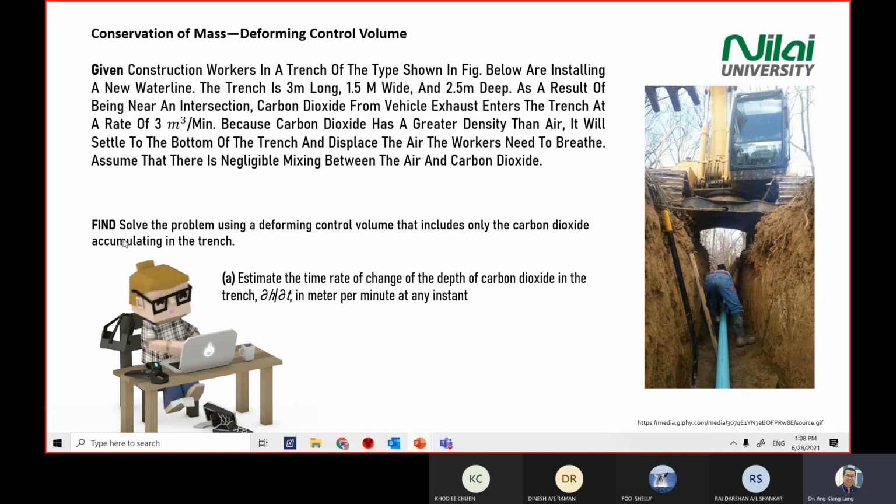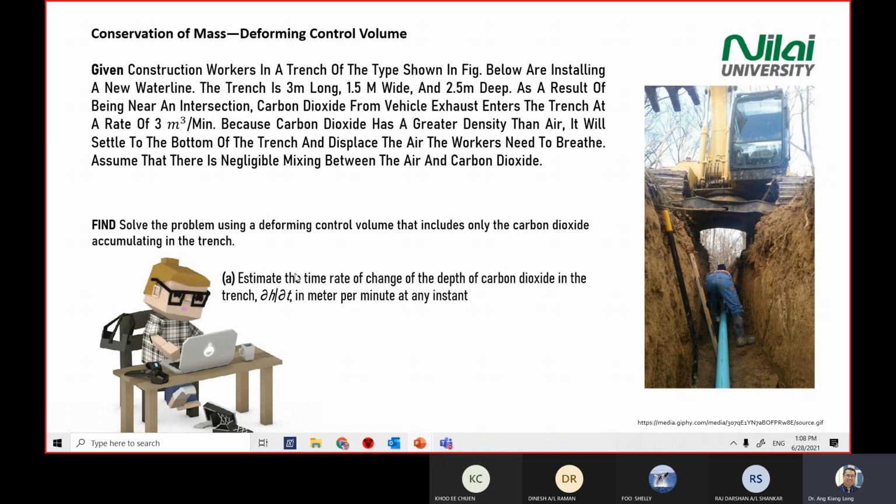All right, this tutorial question is about deforming control volume. So you see the difference between the earlier one and this one is to solve the question using a deforming control volume. The earlier one is a fixed control volume. This one is a deforming control volume scenario that includes only CO2 accumulating in the trench.